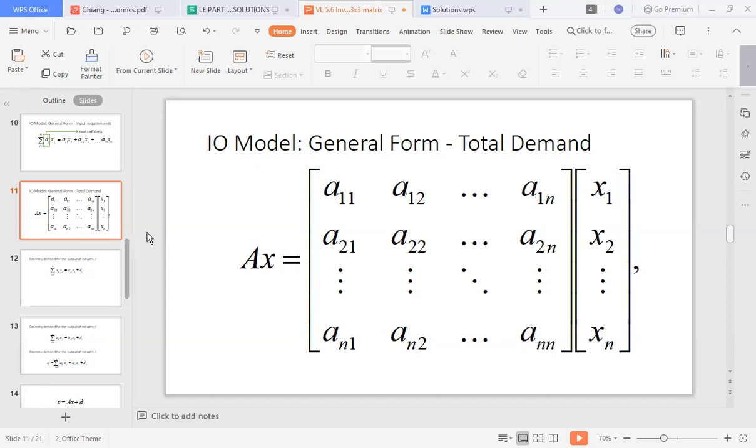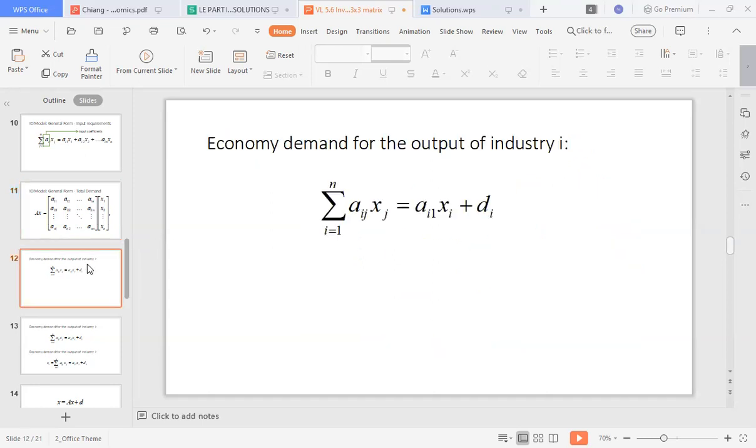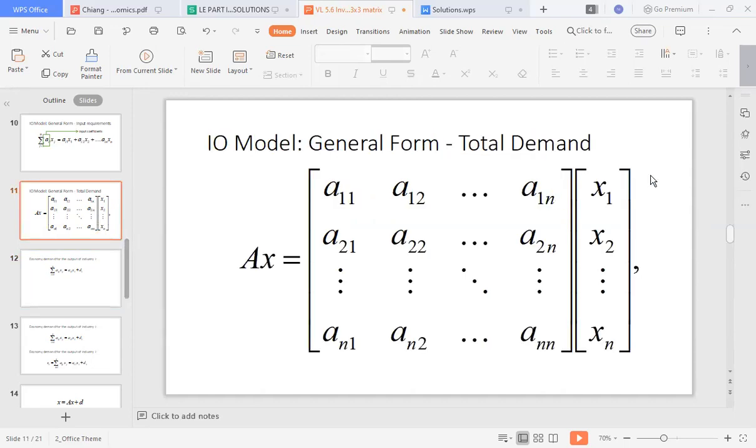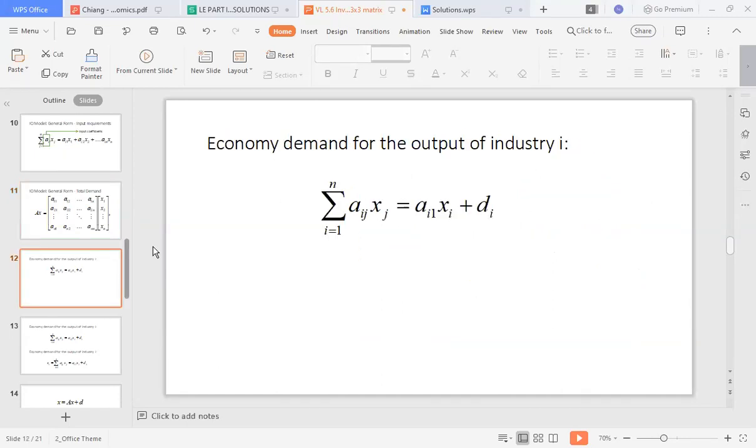Going forward, guys, observe here that each row corresponds to the total demand. If we have only x1, class, we'll have something like this.